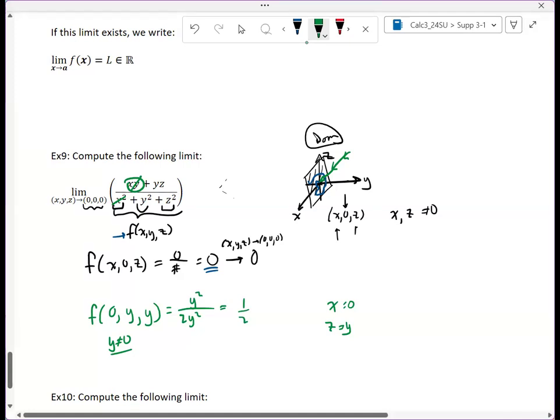So along this green line, anywhere along there, my function has constant output 1/2. Of course, this goes to 1/2 as x, y, z goes to 0, 0, 0 as we approach the origin along this line. Our function has a constant output, so of course its limit is just 1/2.